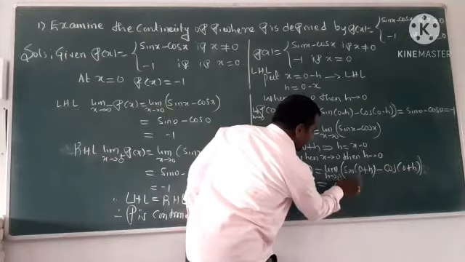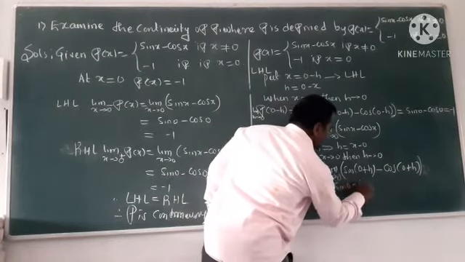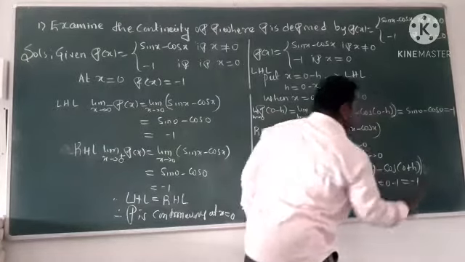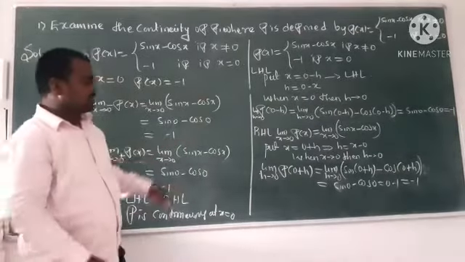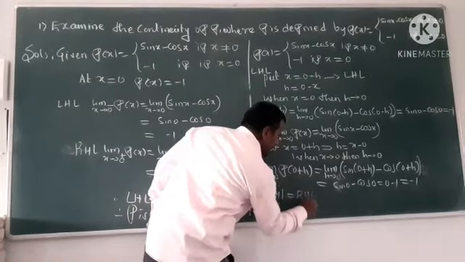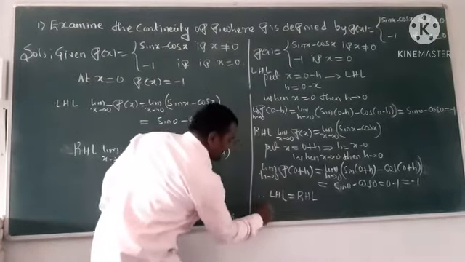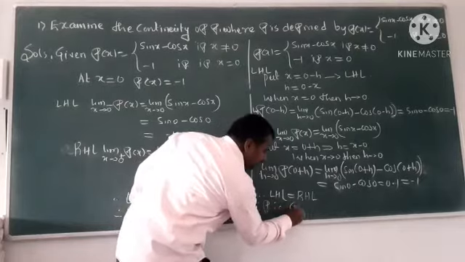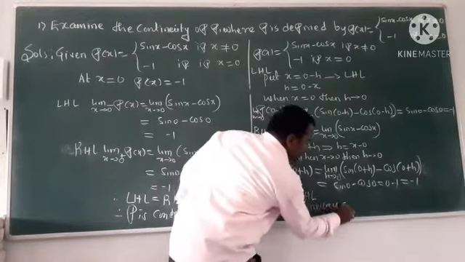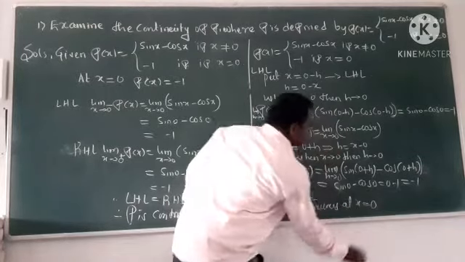Sin 0 minus cos 0, that is 0 minus 1, which means minus 1. Look at the function. Therefore, LHL is equal to RHL. Hence, f is continuous at x is equal to 0.